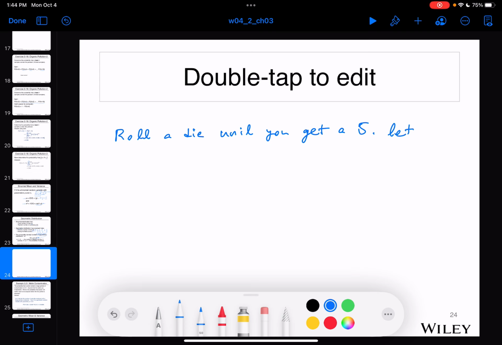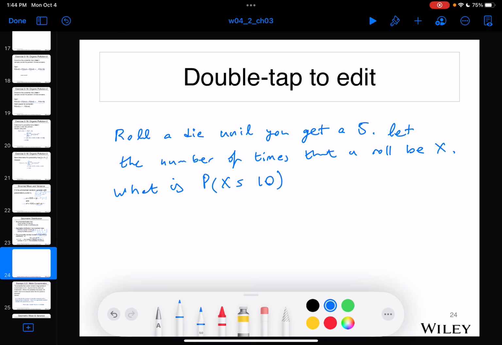Let the number of times that you roll the die be x. So we are rolling the die until we get a 5, and what is the probability of x equal to, I don't know, 10? So we want to find out the probability that we need to roll the die 10 times to get a 5.